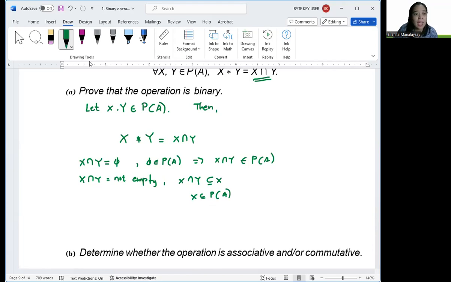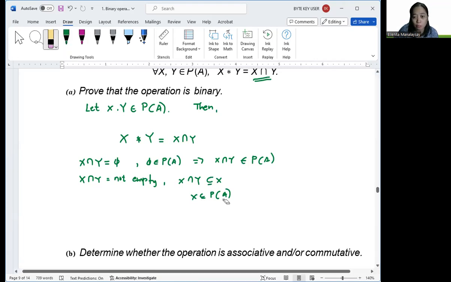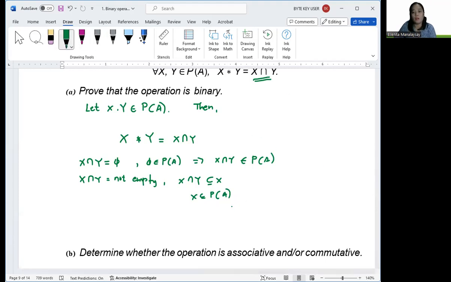So X intersection Y is a subset of X, and the power set of A contains all of the subsets of A. Okay, so X intersection Y is an element of the power set of A. That is a subset.